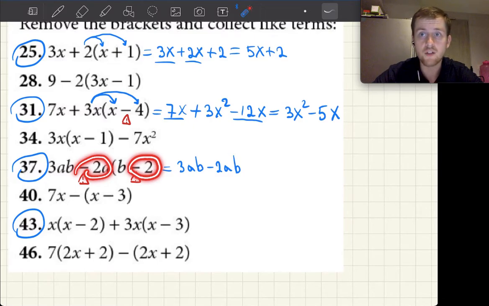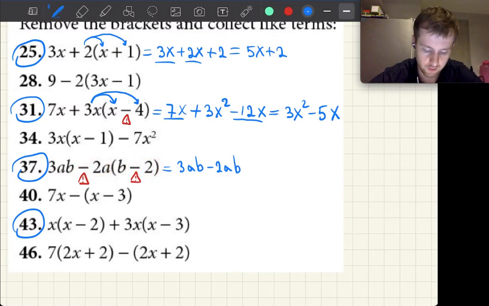Remember, minus and minus gives us what? The plus. So we get plus 4a. And this is where a lot of people make mistakes. So watch out for this. Really, every time I check these kinds of quizzes, there are always mistakes connected to someone forgetting the minus. So be careful about it.